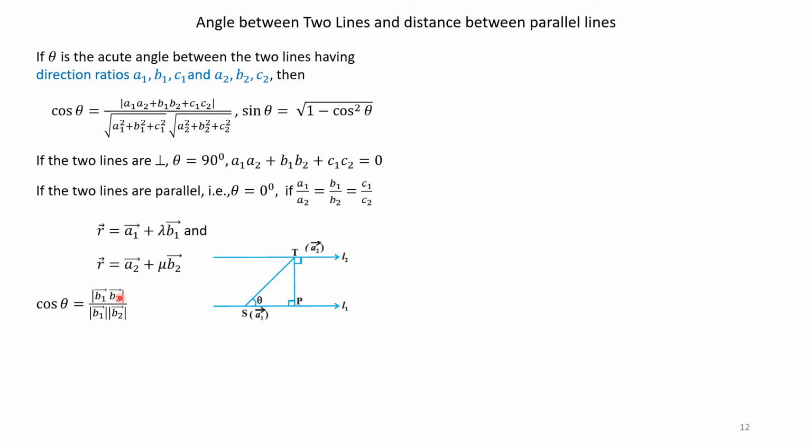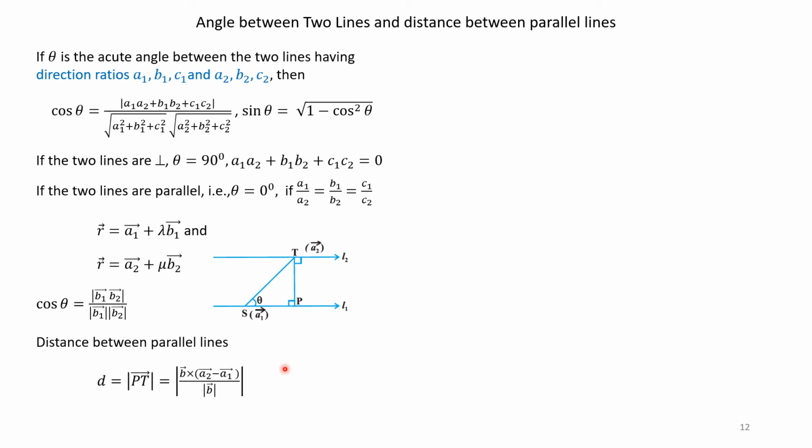Therefore, cos theta is also given by mod of B1 dot B2 divided by mod of vector B1 into mod of vector B2. Therefore, the distance between two parallel lines is given by D is equal to mod of B cross (A2 minus A1) divided by mod of B.